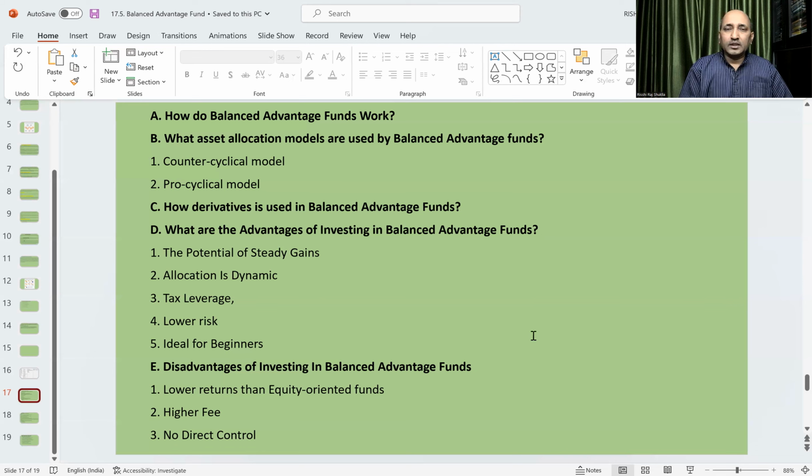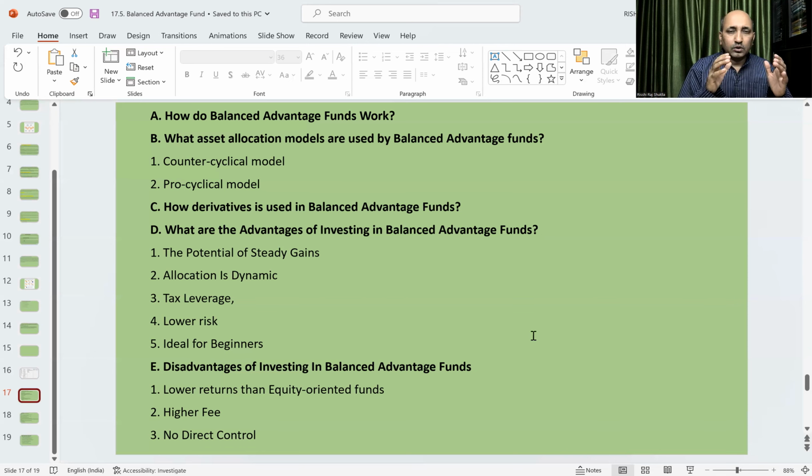Then arbitrage asset allocation is used there, and they get advantage of this price difference and earn some profit out of this arbitrage.